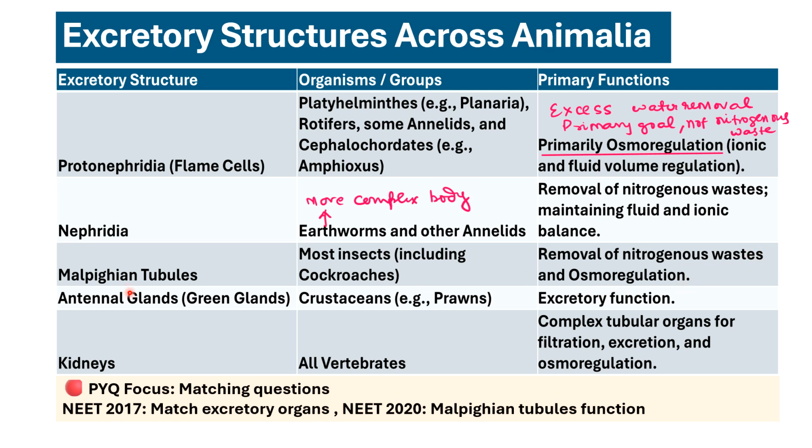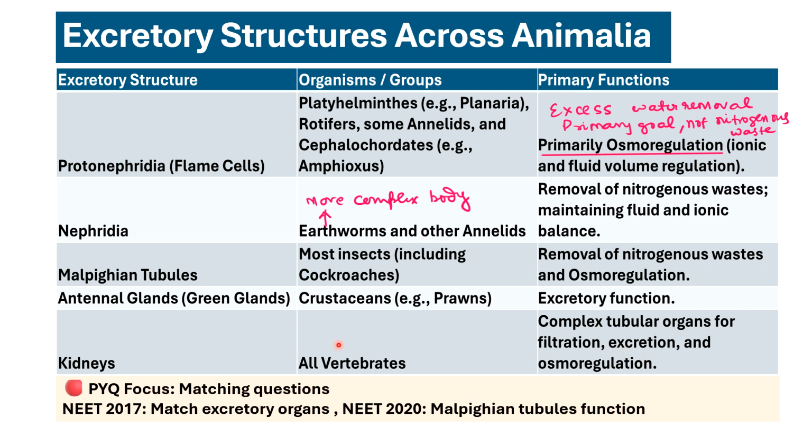Now we have antennal glands, otherwise known as green glands. We find them in crustaceans. Example, prawns. The main function is again excretion here. Now the fourth type of excretory structure is the kidney. They are complex tubular organs and they perform filtration, excretion and osmoregulation.